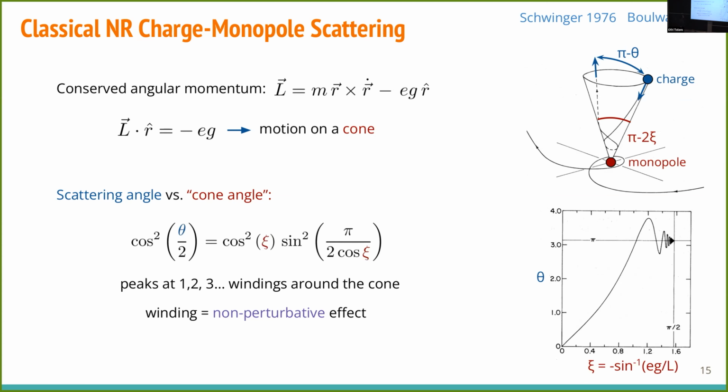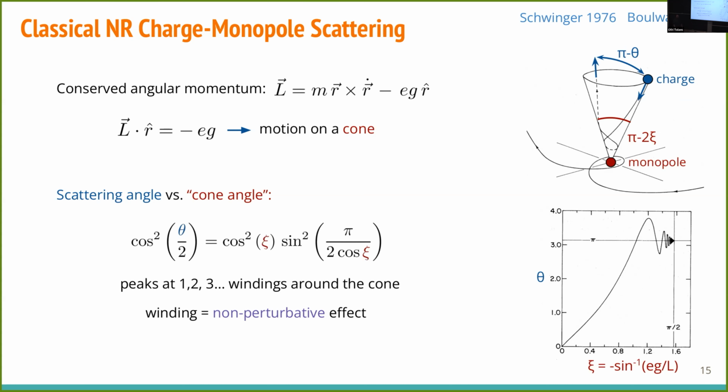And if you solve the classical mechanics problem, you see there's a pattern of rainbow and glory angles here, where the scattering angle essentially depends on the opening angle of the cone, which in turn is dictated by E times G. And an interesting pattern here is that there's also winding of the trajectory around the cone.